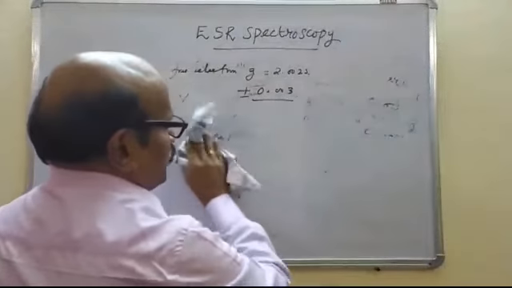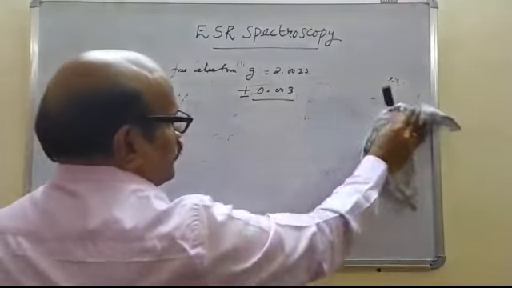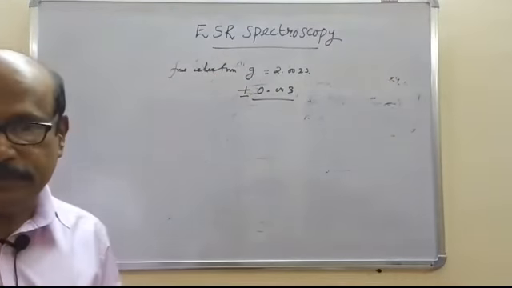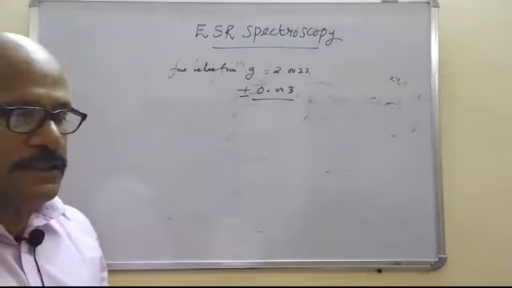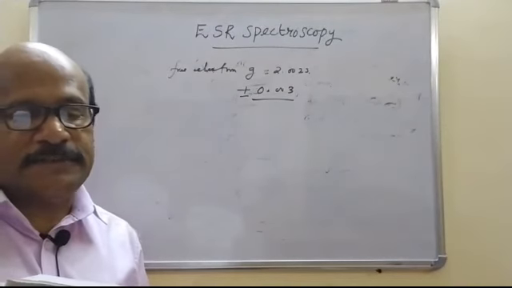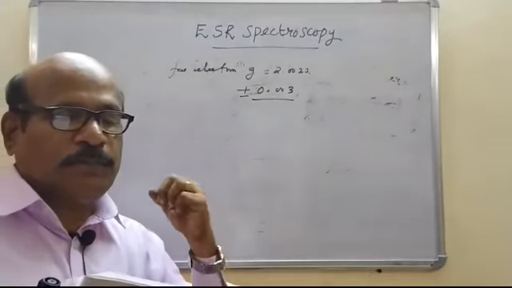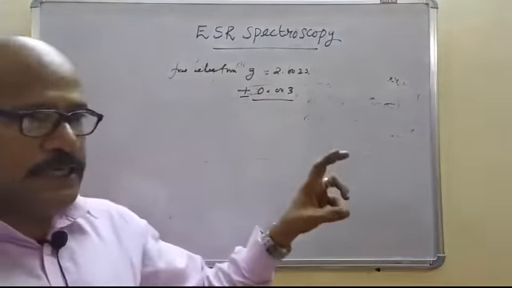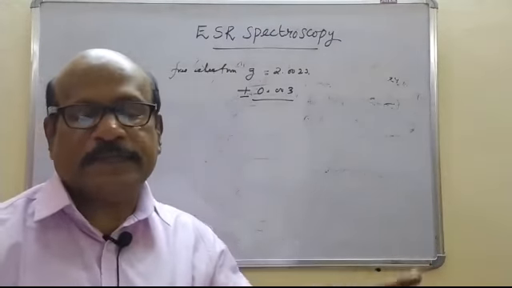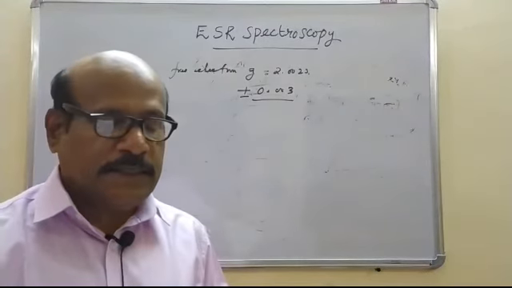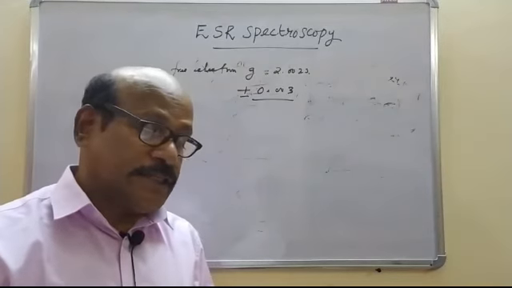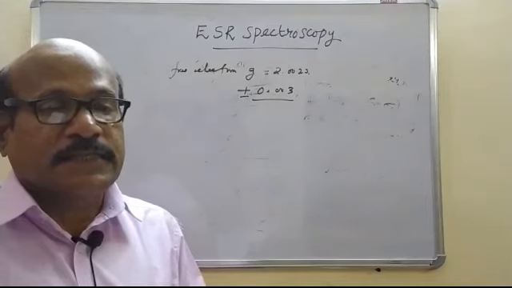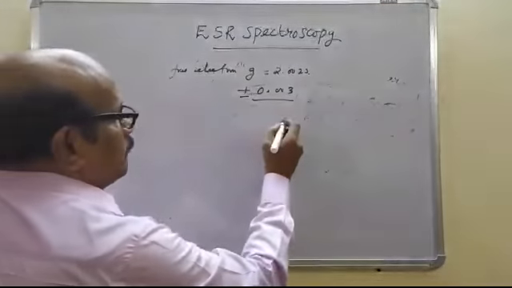So we found the difficulty in the case of organic free radicals because of the closer values. On the other hand, in the ionic crystal, that is, the paramagnetic transition metal ion, the electron is localized in a particular metal orbital about the atom, and there occurs a coupling between the spin angular momentum S and orbital angular momentum.